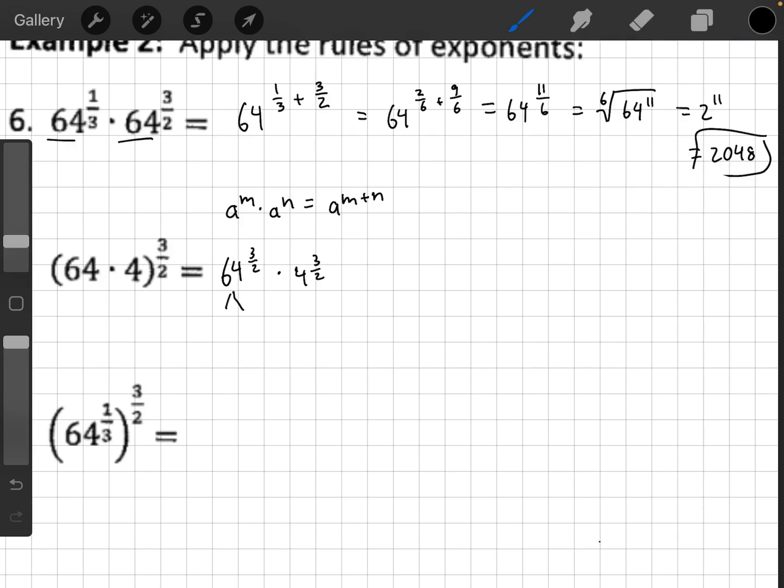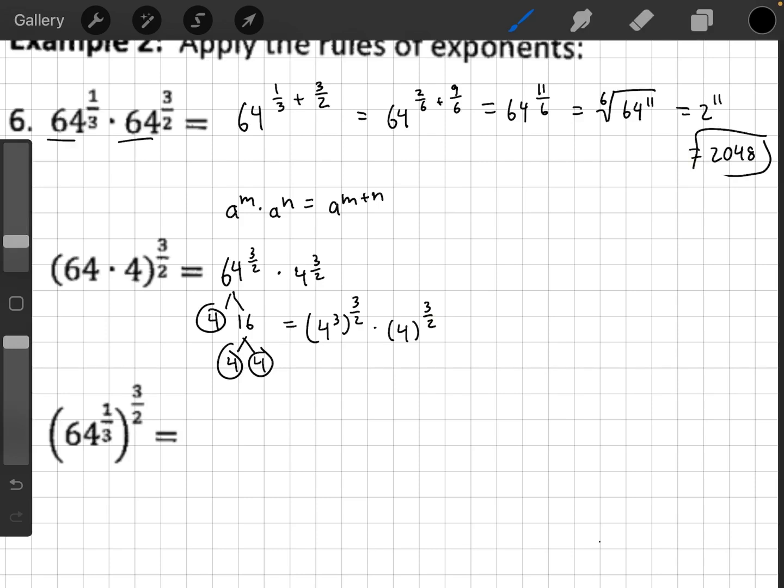Now we can break 64 up into terms, and if we want to match 4, we'll try and factor out 4 of 64. So 64 divided by 4 is 16. Then we can break 16 up into 4 and 4. Knowing this, we can rewrite it as 4 to the power of 3, because there's 3 4's, to the power of 3 over 2 times 4 to the power of 3 over 2.